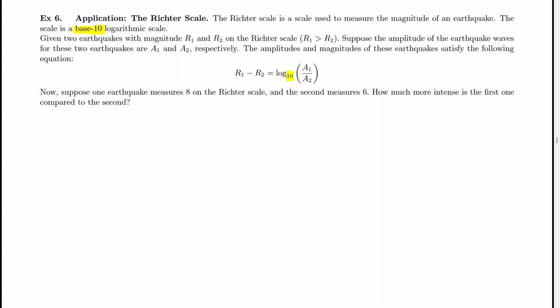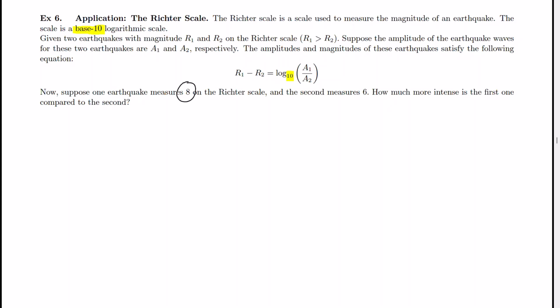What do they want me to do? They're saying, suppose one earthquake measures 8 on the Richter scale, and the second one measures 6 on the Richter scale. How much more intense is the first one compared to the second one? So, in other terms, here's what's going on.